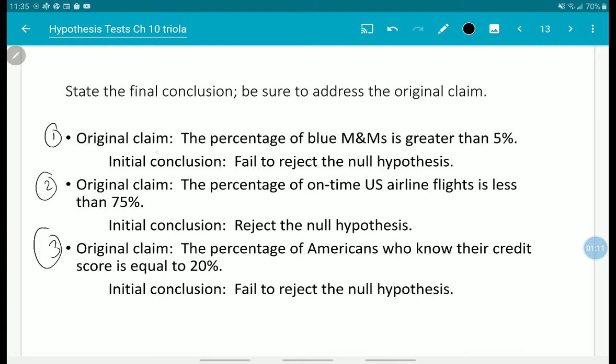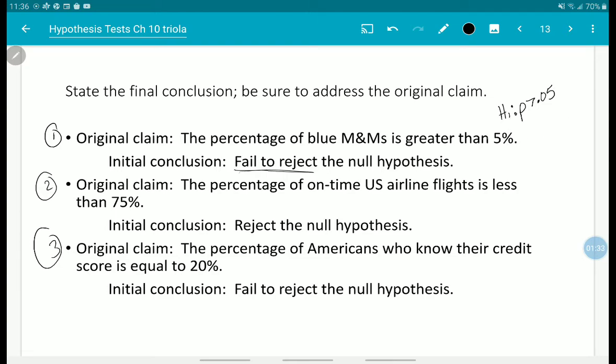Number 1, the original claim says the percentage of blue M&Ms is greater than 5%. So they're giving us that alternative hypothesis. And the conclusion was to fail to reject.